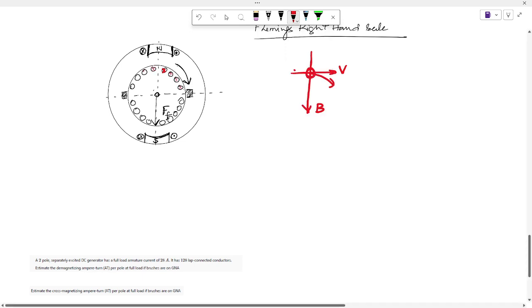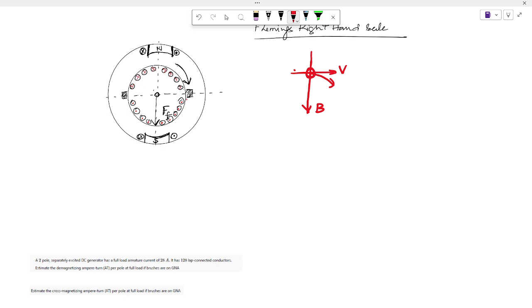Sir, it will go outward in the upper half. No, it should go inside. In the second half, it should leave. The conductors under the south pole influence will have current coming out of the paper, and the conductors under the influence of the north pole will have current getting into the paper.